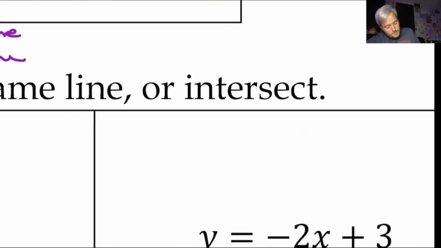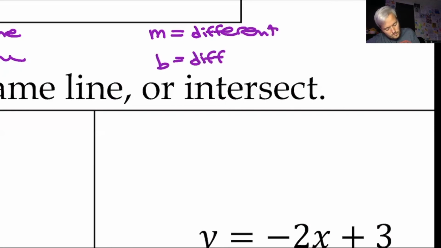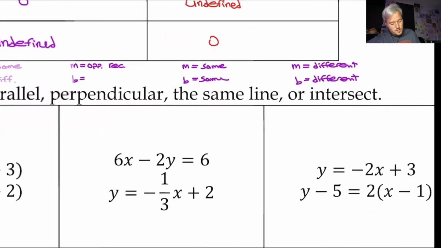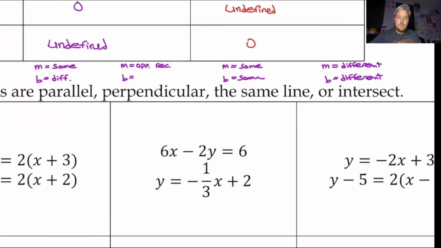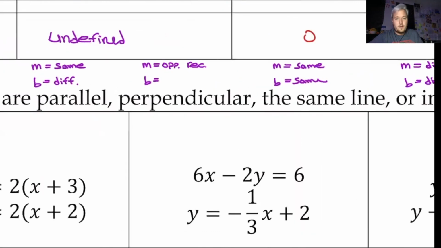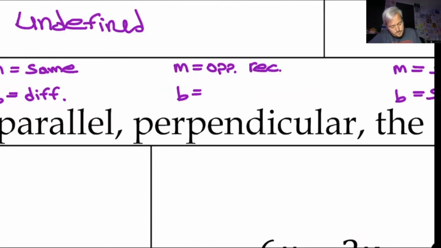And then if it's intersecting, that means their slopes are different, and the b values are also different. So just a quick reference for you. This is really useful to have on hand. Just know for perpendicular, it doesn't matter.